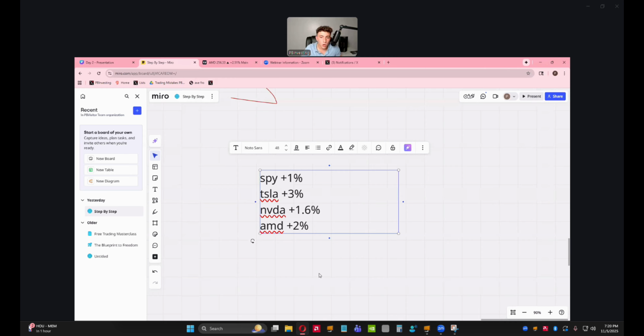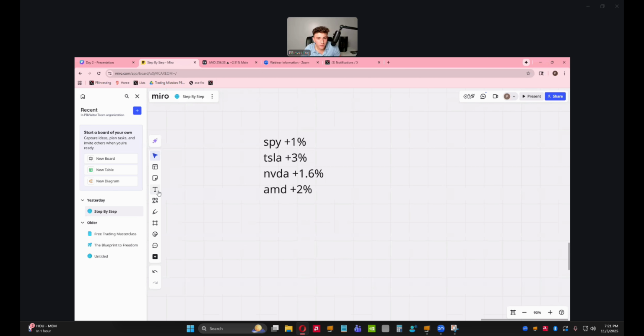So guys, if these are the stocks, then which stock are we going to be focusing on for longs? Which stock? Tesla. Why? Because it's up the most. Now, what if it's like this?